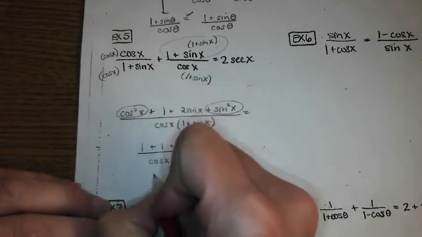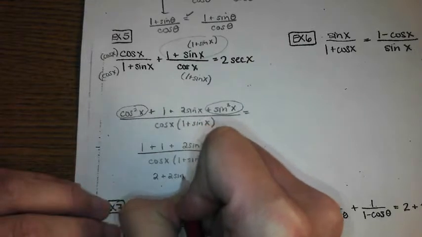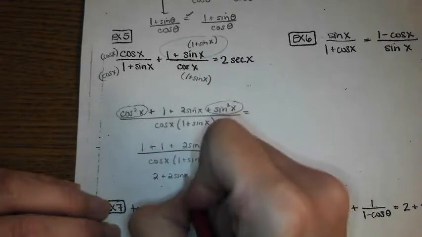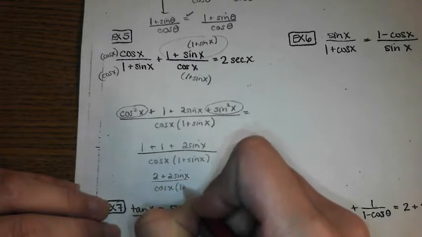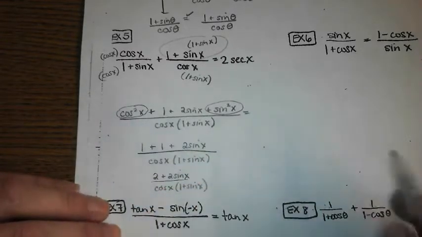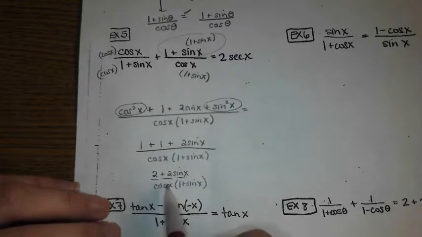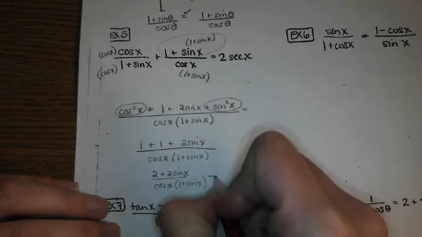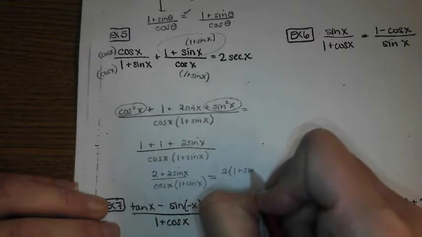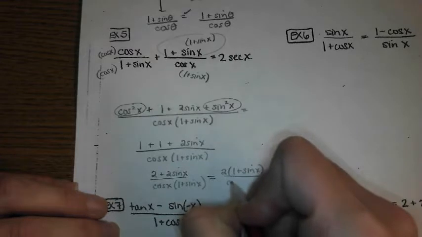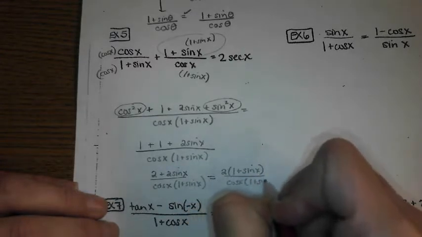So now I'm going to make this 2 plus 2 sine x over cosine x. I'm running out of room here. Hopefully you can see a little bit of what's going to happen, because in my numerator I can factor out that 2 and I get 1 plus sine x over cosine x times 1 plus sine x.